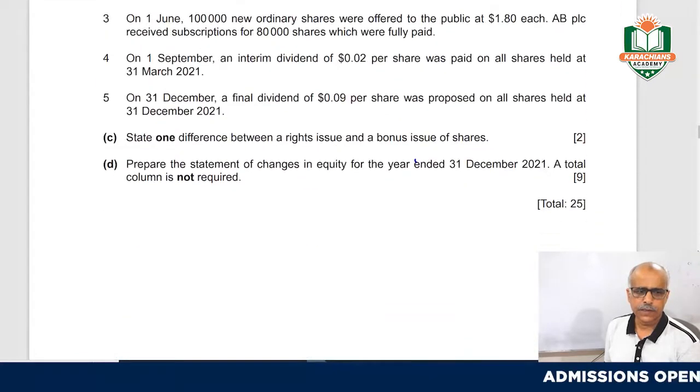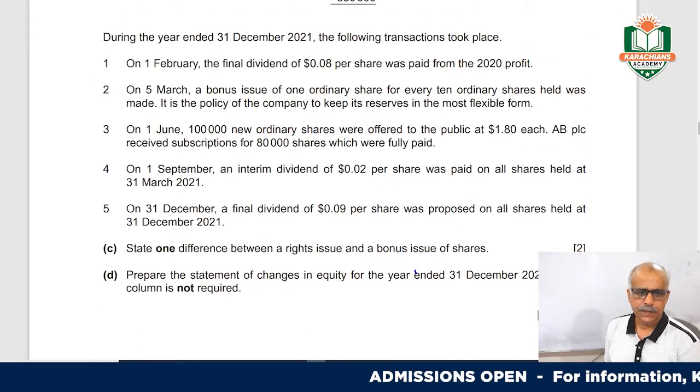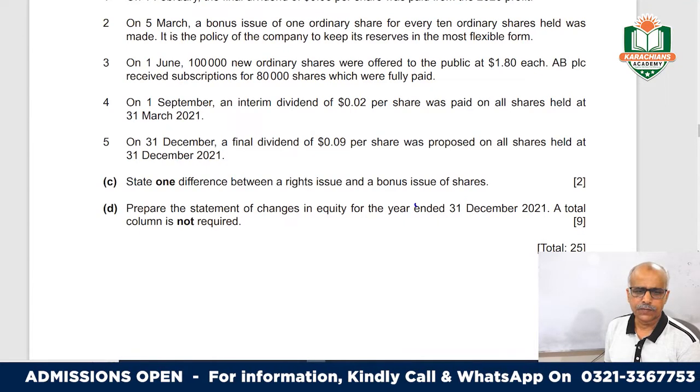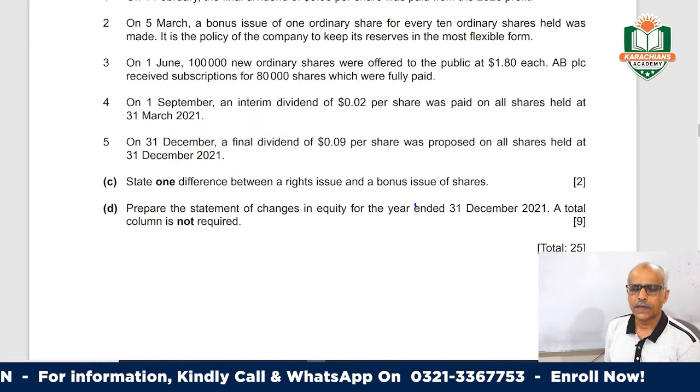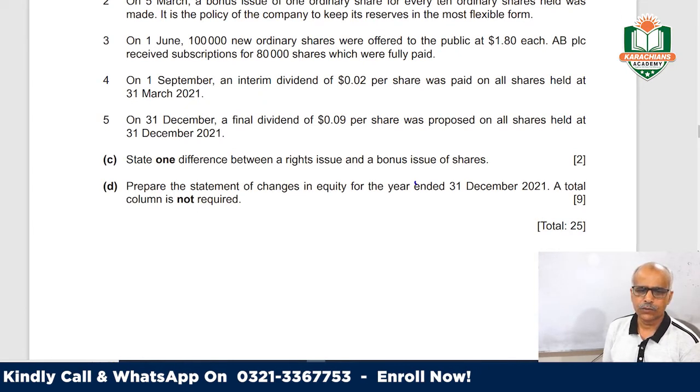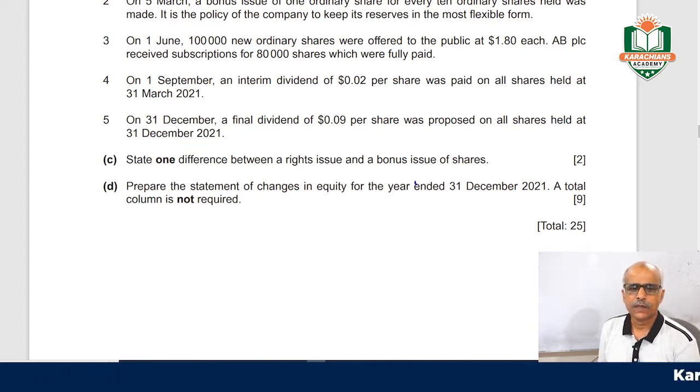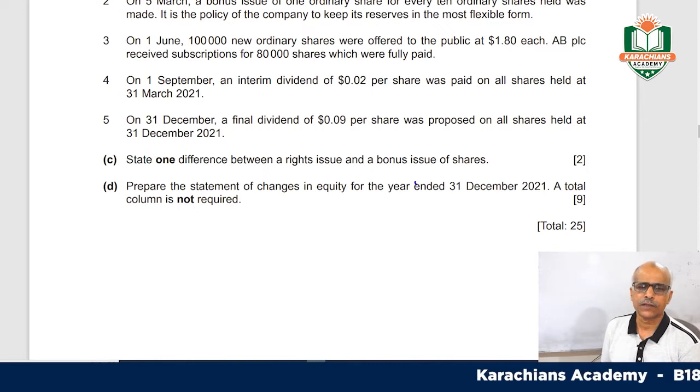This is another part, C and D. In part C, they are asking to state the difference between a rights issue and a bonus issue. What is a rights issue? A rights issue is basically when you issue additional shares to get more finance. First you give the right to your existing shareholders.